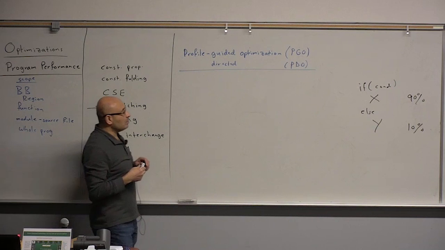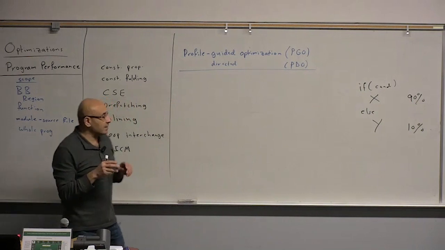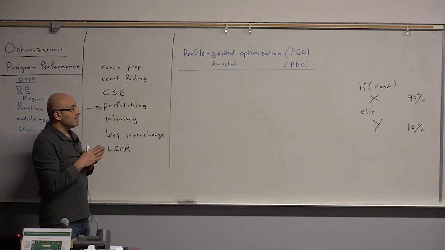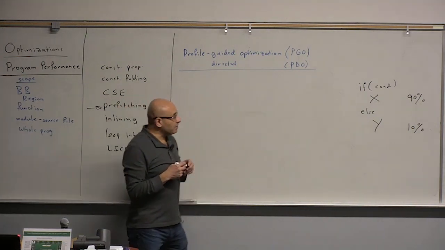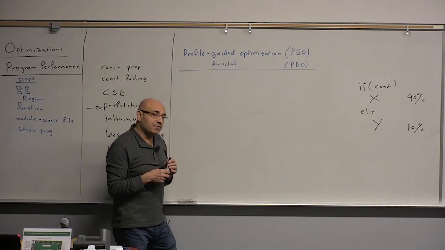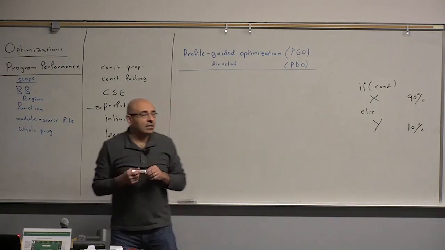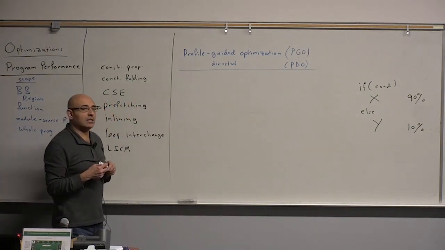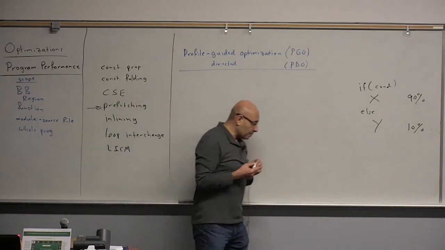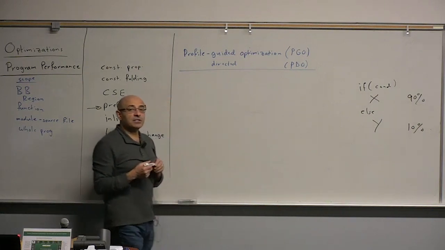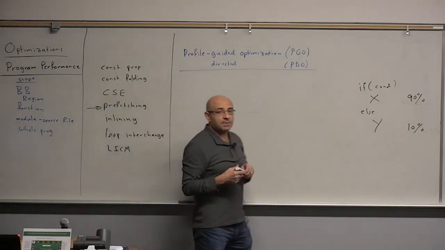So yes, profiling is gathering some statistics about the program, statistics on function execution frequencies, basic block execution frequencies, and the time taken by each function. Usually, one of the most important pieces of information that we want the profiler to give us is the hot functions, the functions that the program spends most of its time in, and how much time it spends in each function.